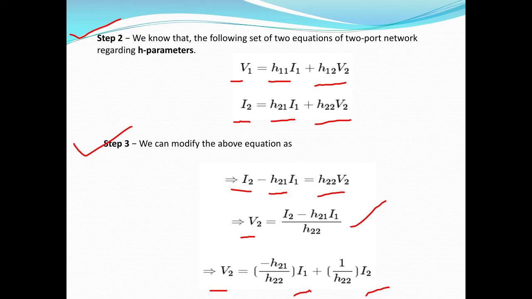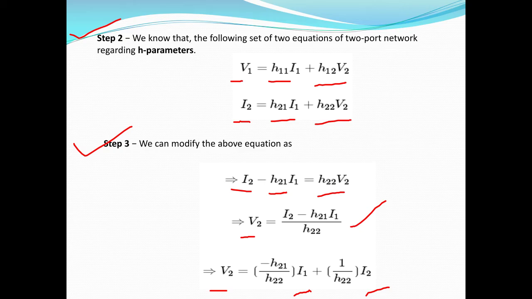Next in step 3, we modify the above equations of H parameters. Using equation 2, that is I2 is equal to H21 I1 plus H22 V2, we modify this equation: I2 minus H21 I1 is equal to H22 V2.